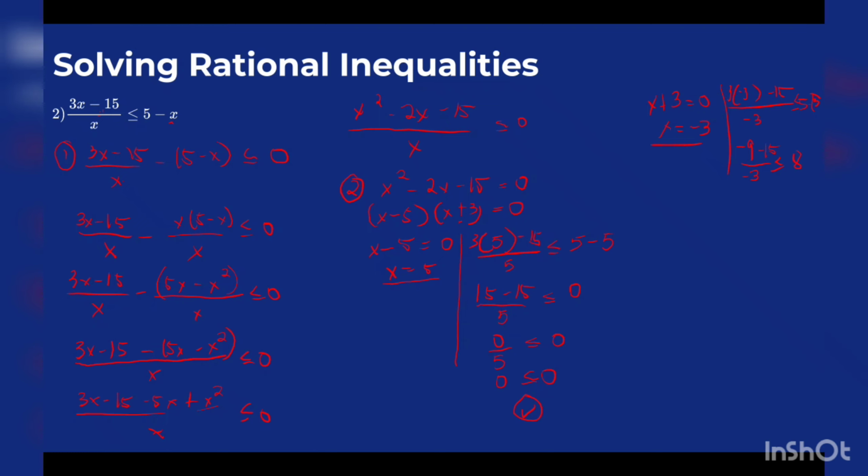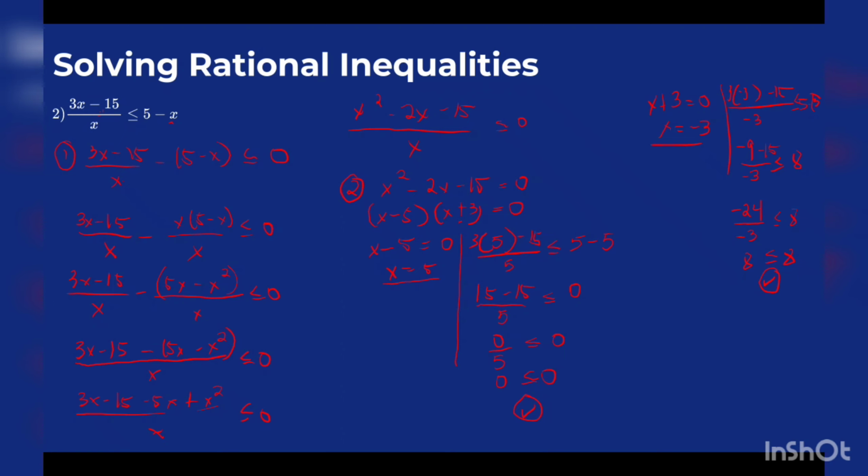So negative 9 minus 15 is negative 24. Divided by negative 3 is positive 8, less than or equal to 8. And again, this is a correct inequality, so this is included in our solution.